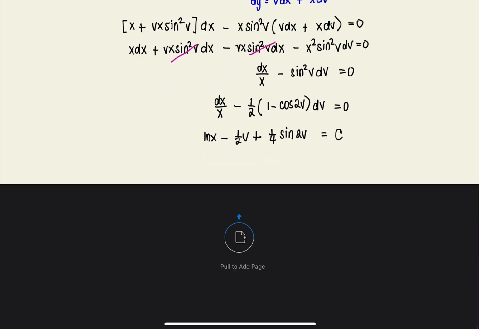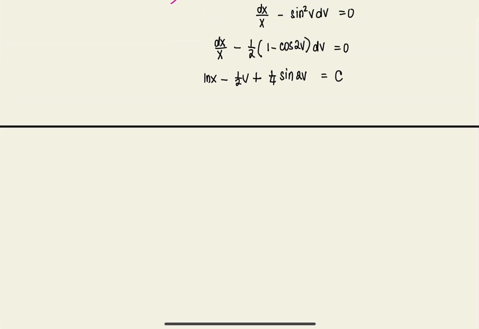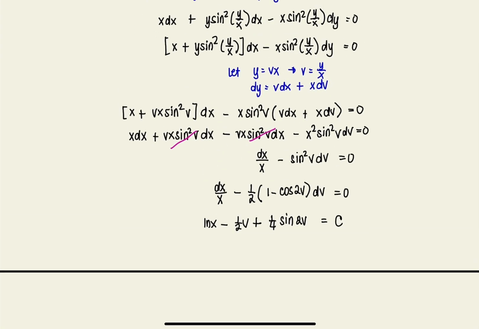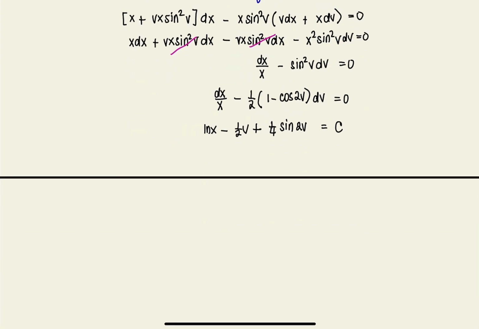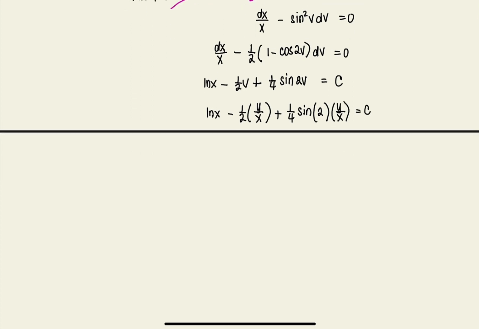And then we have to go back to the original variable. Since v is equal to y over x, replacing v with y over x, that's ln x minus 1/2 of y over x plus 1/4 sine of 2 times y over x equals C. And the LCD here is 4x.